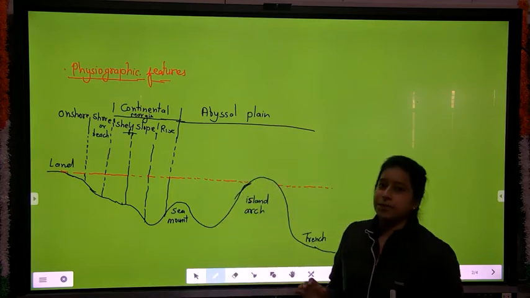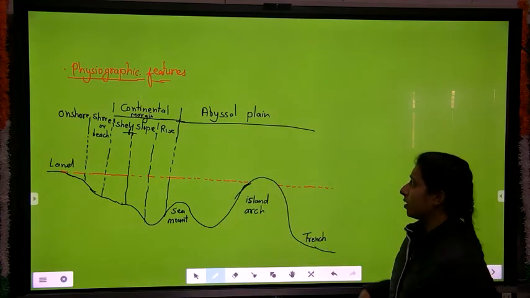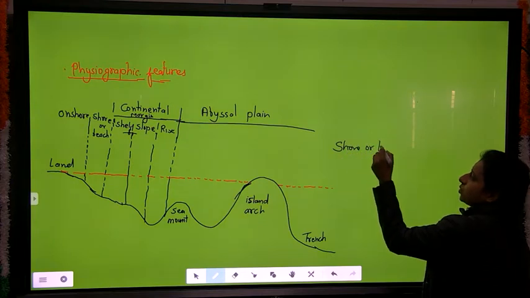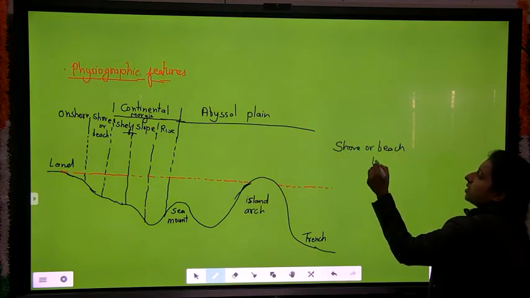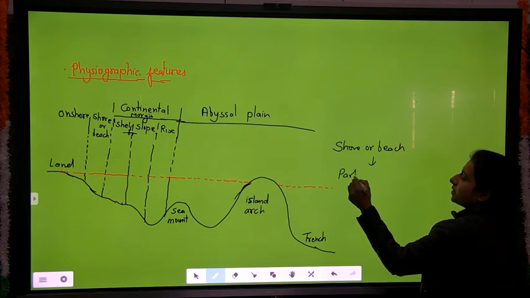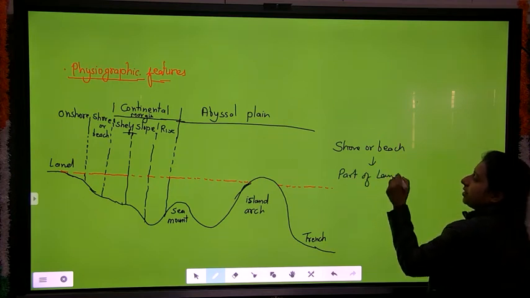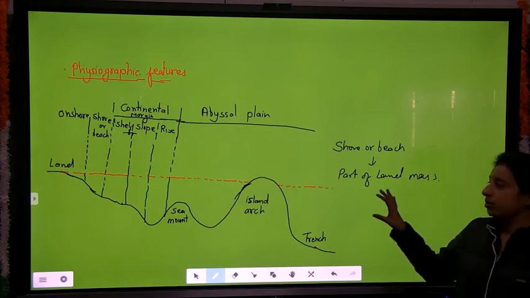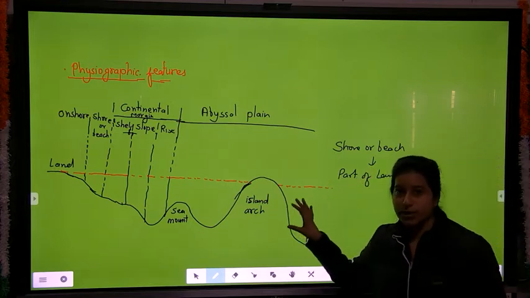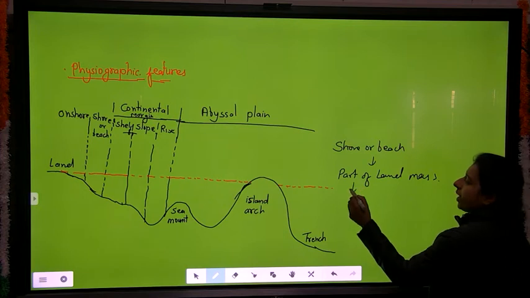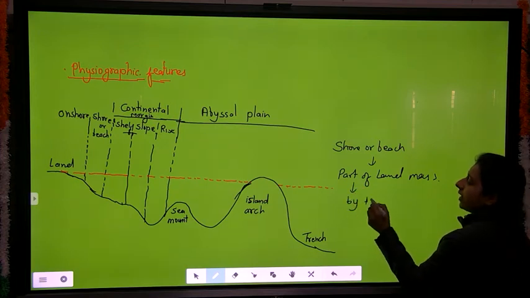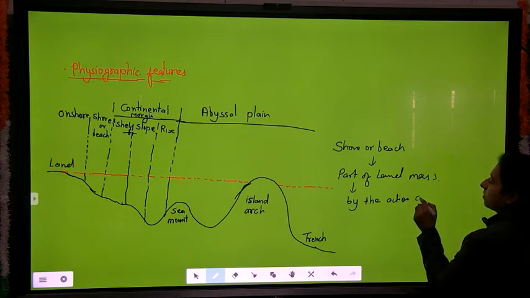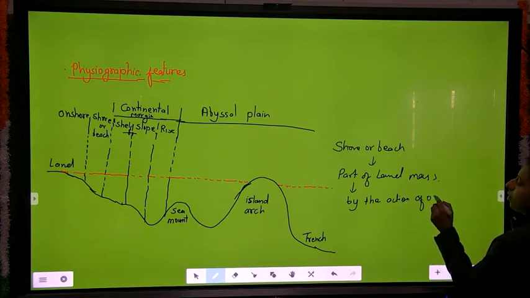Shore is basically defined as the part of land mass which is covered by shallow water and which is modified by the action of ocean or sea.